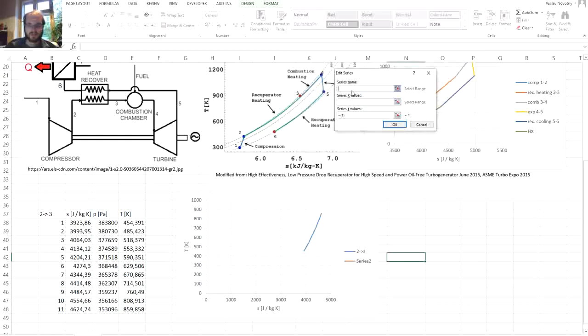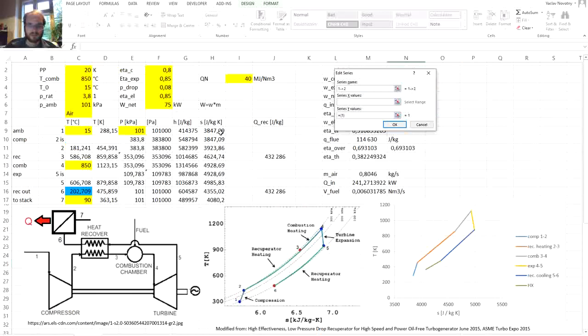But here let's just use the straight line as we did in the previous simplified TS diagram. So 1 to 2.